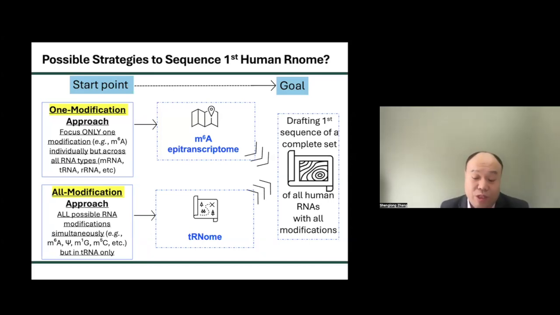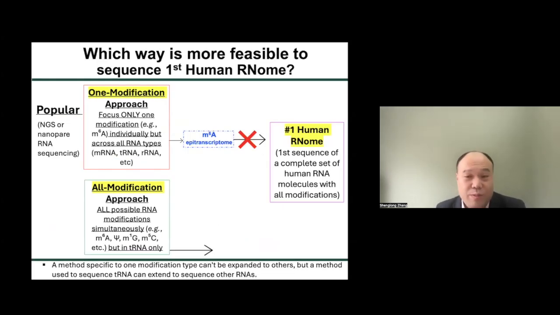The other approach is what we call the all modification approach. Sequencing all possible RNA modifications simultaneously, but only on one RNA, like tRNA. That would lead to the tRNA-nome, with the hope that this method can be extended to a lot of RNA types. So which method is more feasible?